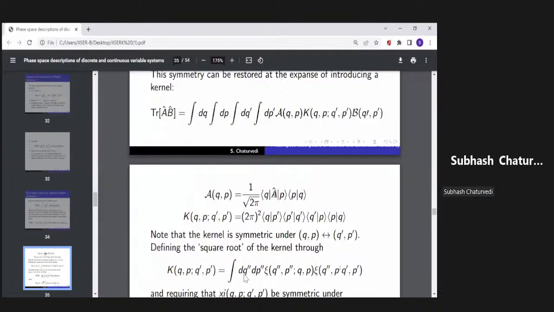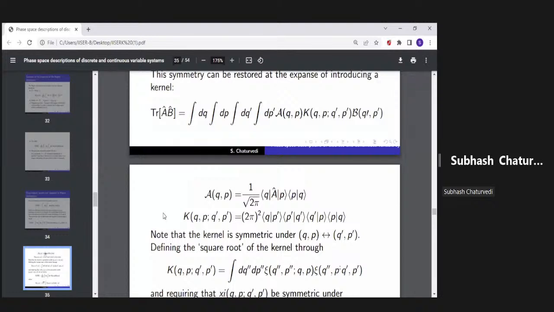It is the expectation value of A hat, the A hat sandwiched between Q P, multiplied by the overlap of P and Q. And this kernel K(P,Q) is given here. All right. Now, at the expense of introducing this kernel, what we have achieved is that the right-hand side also becomes manifestly symmetric under interchange of A and B like the left-hand side.